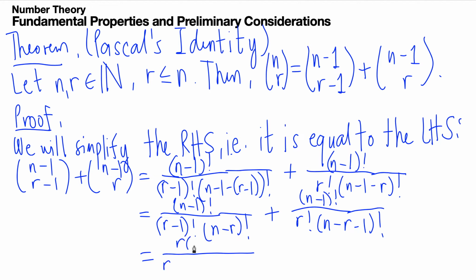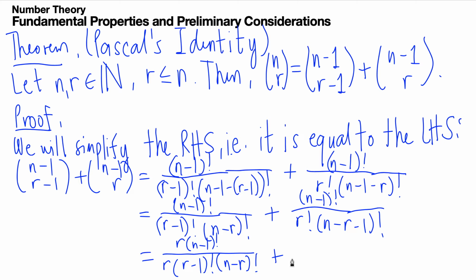Okay, then copy the rest. n minus 1 factorial times r minus 1, we're just going to copy now what is certain above, times n minus r factorial.